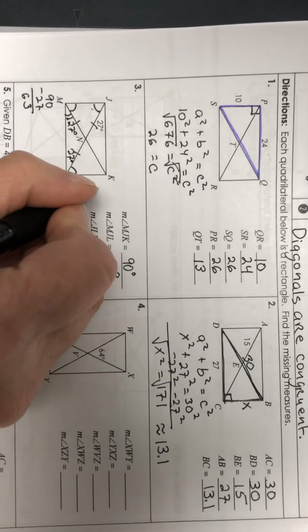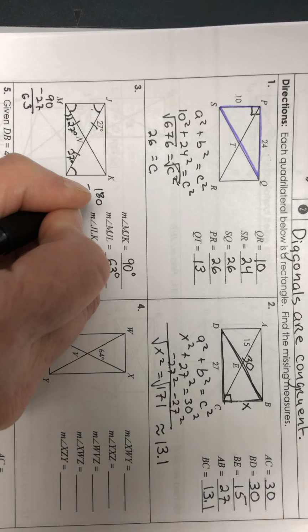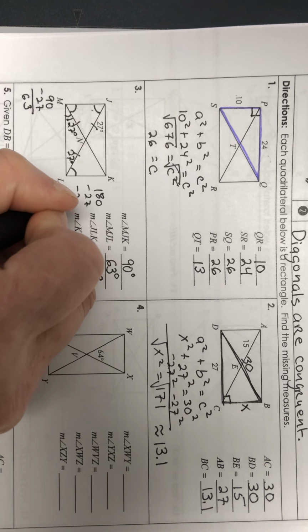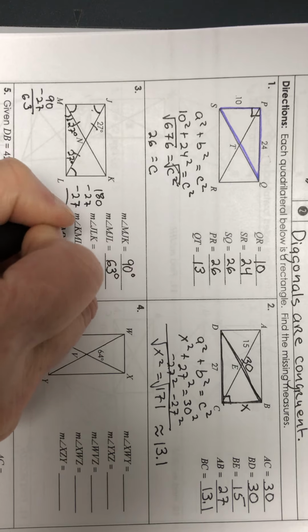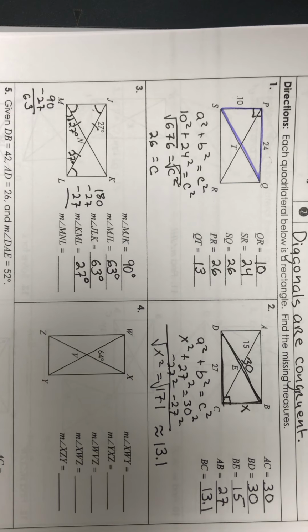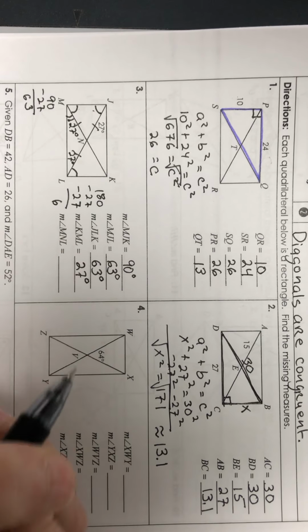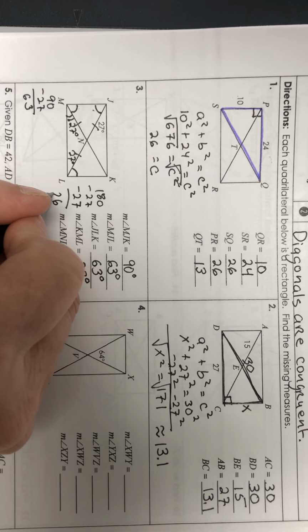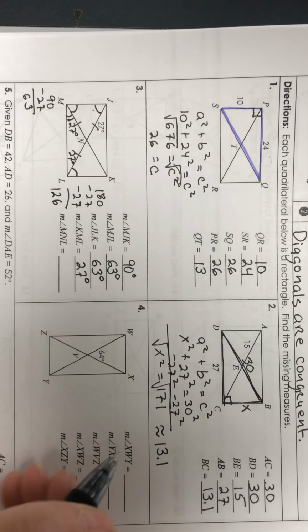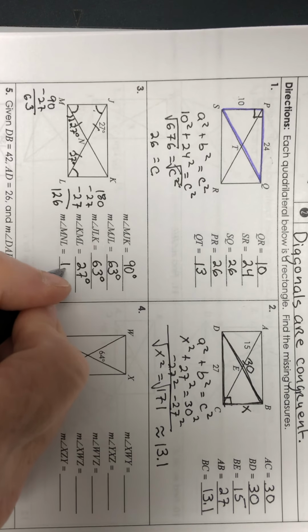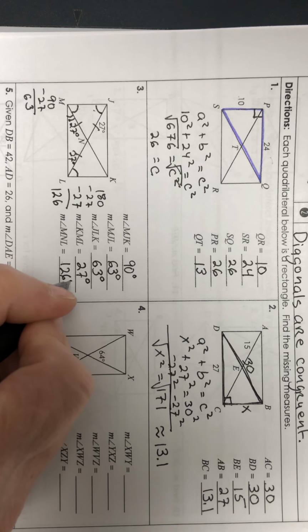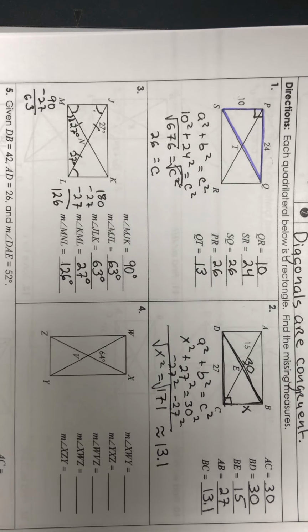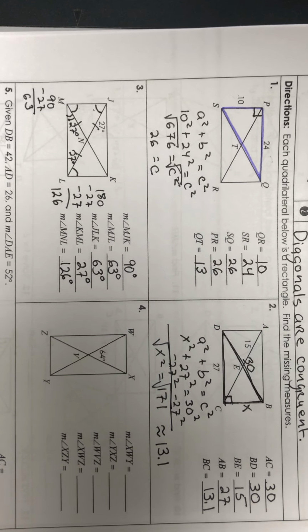We're going to do 180 minus 27 minus 27. So we get a 6 here, 2, 126. Okay, hopefully you're good with that.